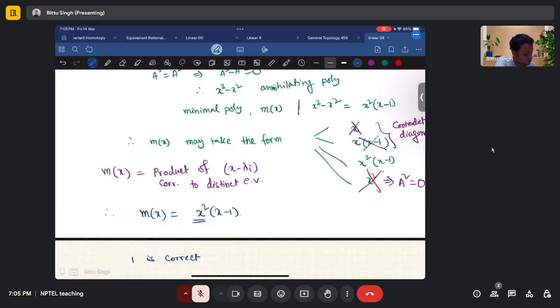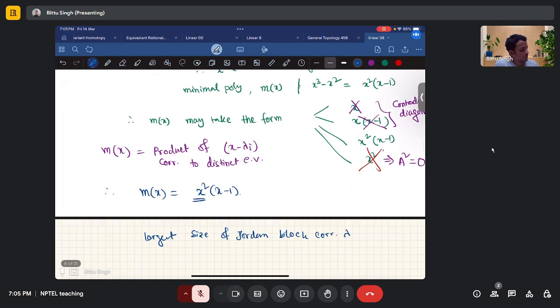Because from here, we know that the largest size of a Jordan block corresponding to lambda is the same as the degree or multiplicity of lambda in the minimal polynomial.